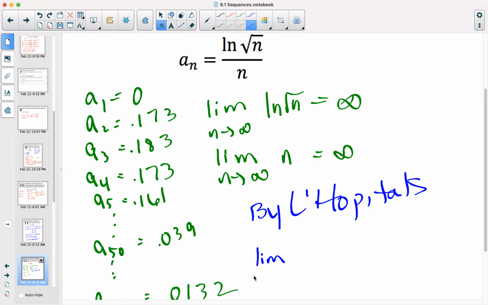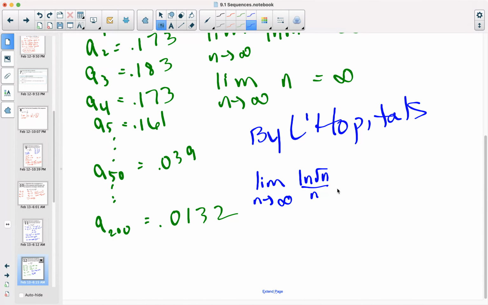We're finding the limit as n approaches infinity. Okay, so we can rewrite this as 1/2 ln of n over n, because ln of the root n, that's n to the 1/2.